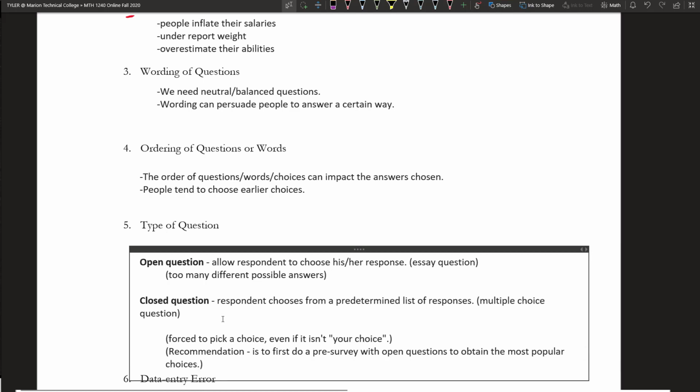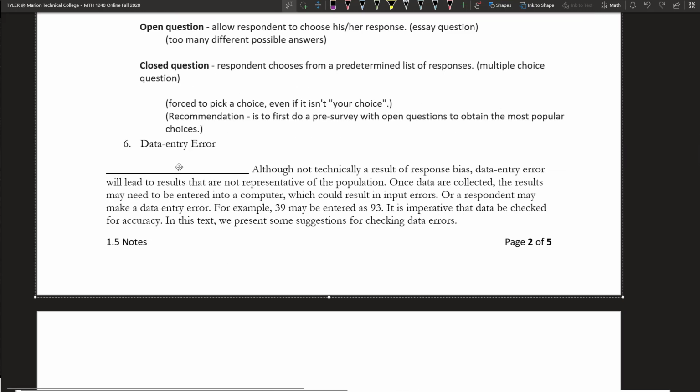So basically a recommendation is do a pre-survey with some people and make them open questions so you can gather what they want to say or write about that, and then you can use those results to pick out what your choices should be, right? Maybe you come across choices that you didn't consider before.